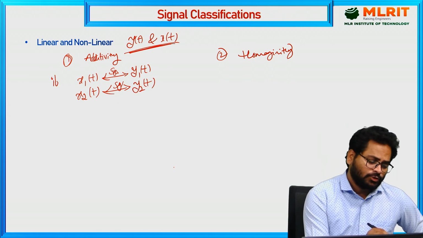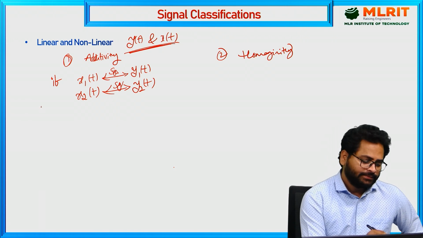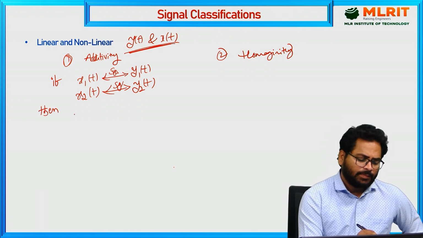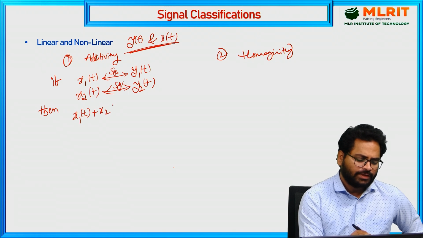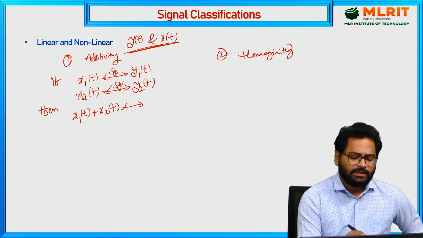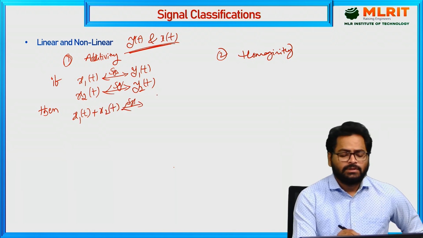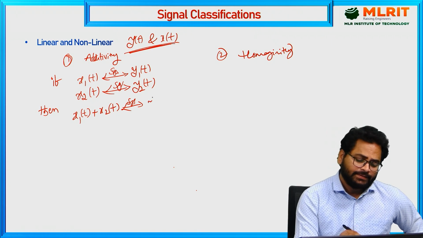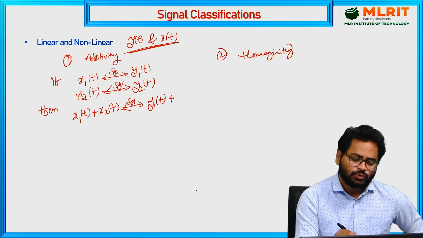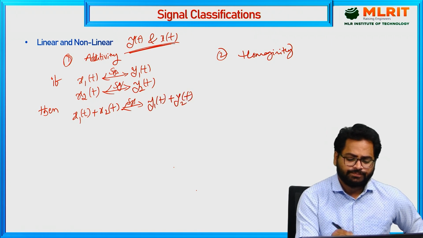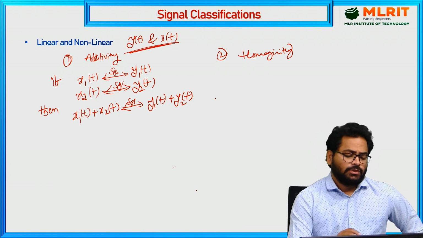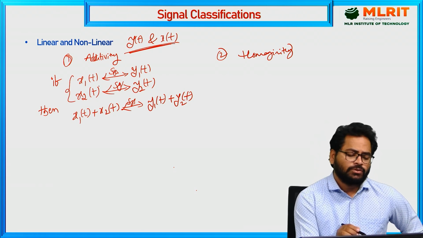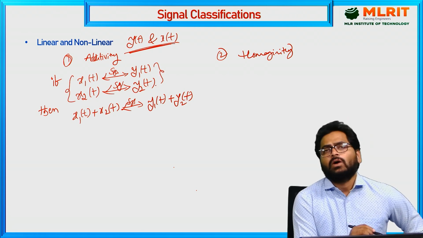If these 2 cases exist, then I can give the inputs x1 of t and x2 of t combined, and I should be able to find the sum of those 2 outputs, y1 of t plus y2 of t. Understood? I am giving combined inputs, so I should get combined outputs.